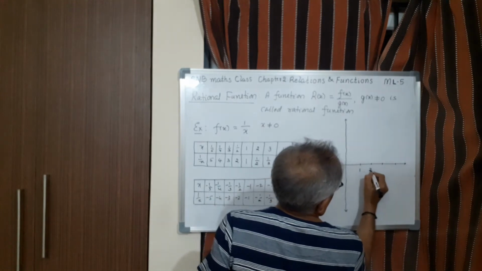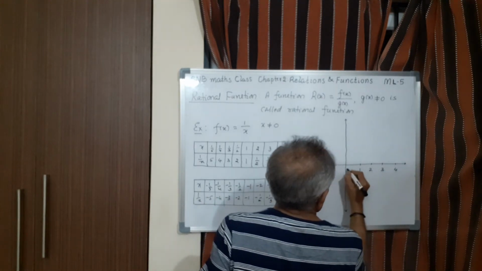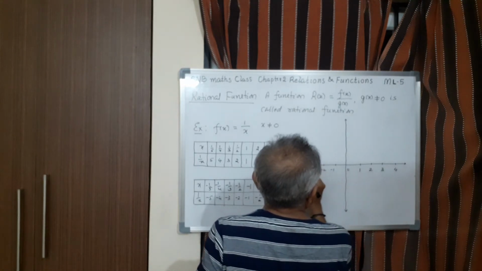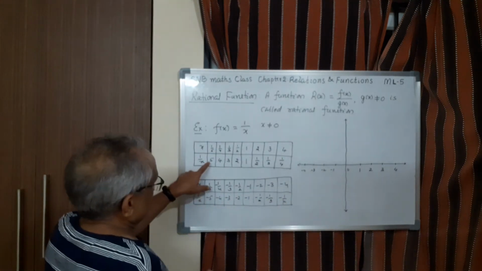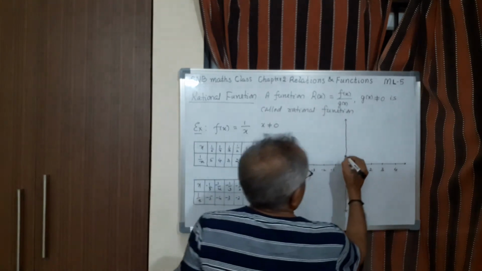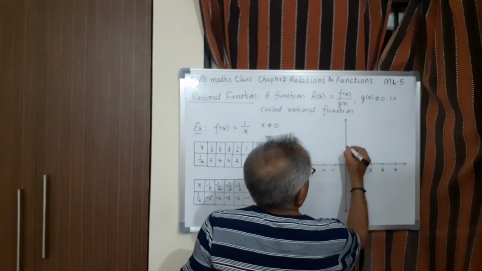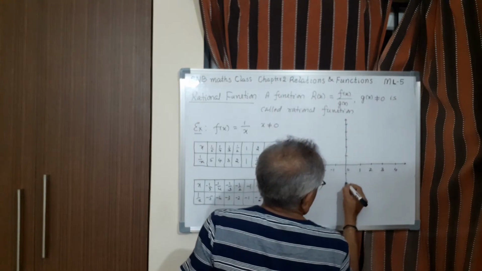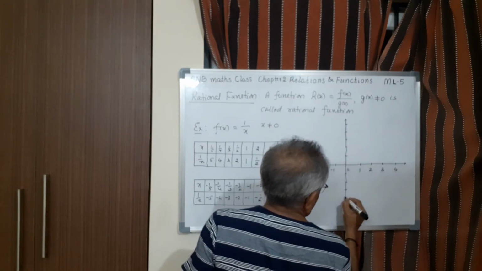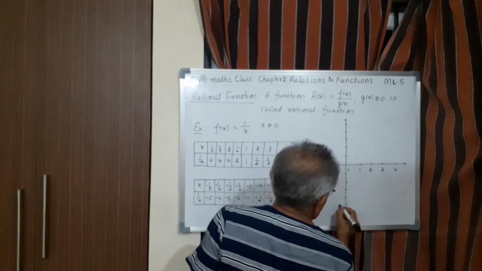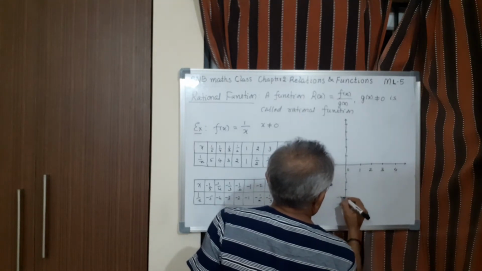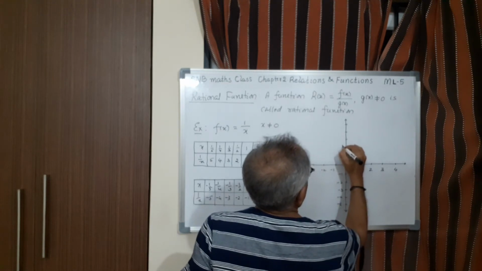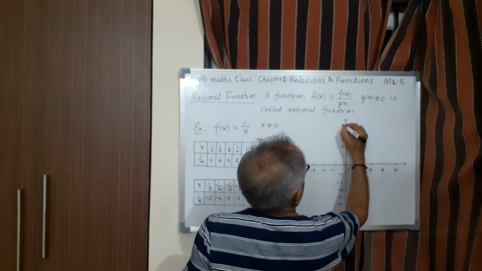So 1, 2, 3, 4, 0, minus 1, minus 2, minus 3, minus 4. And here I want maximum 5 and minimum minus 5. Therefore let me take 1, 2, 3, 4, 5. 1, 2, 3, 4, 5. So minus 5, minus 4, minus 3, minus 2, minus 1. 1, 2, 3, 4, 5.